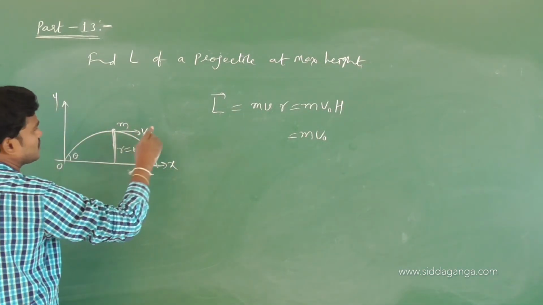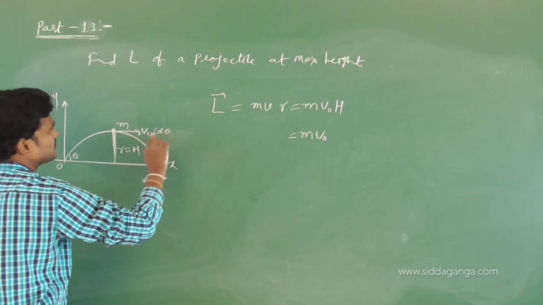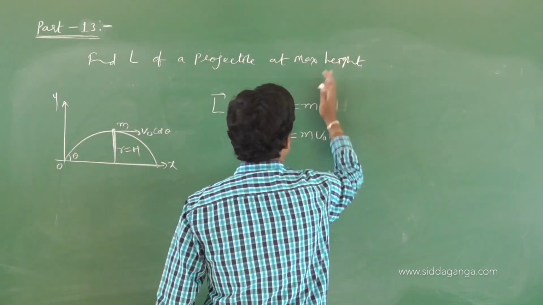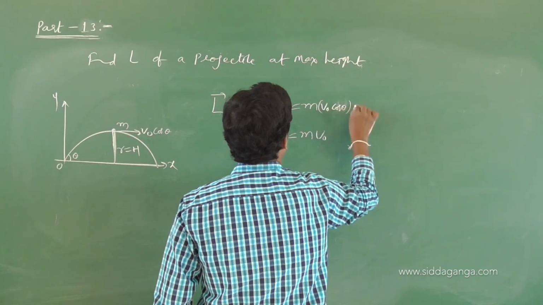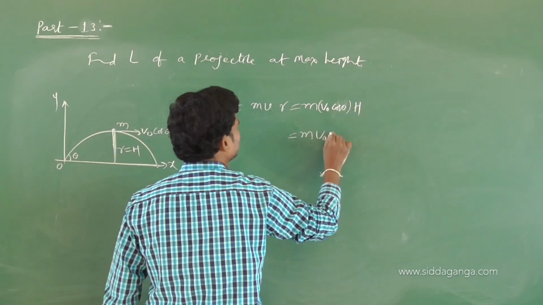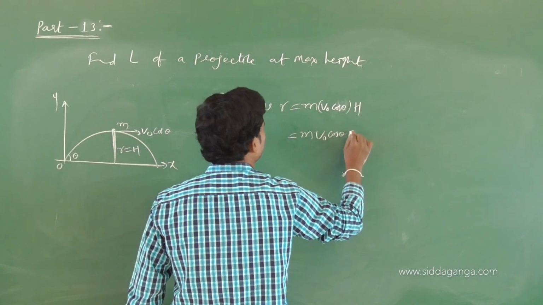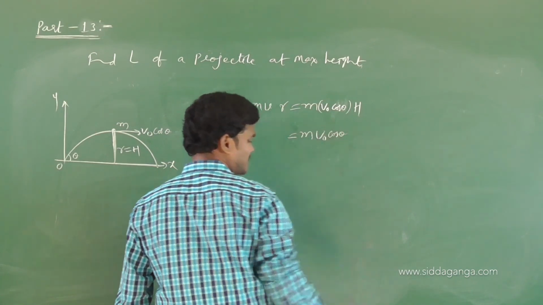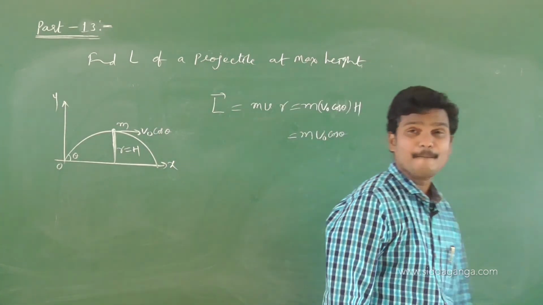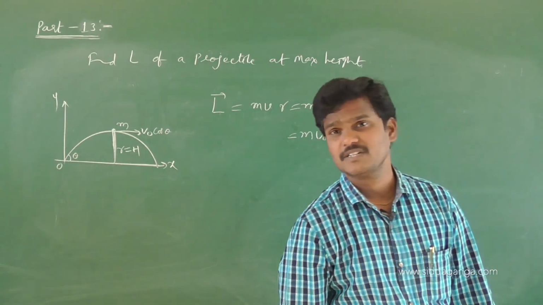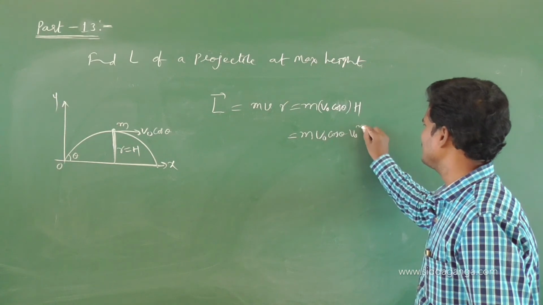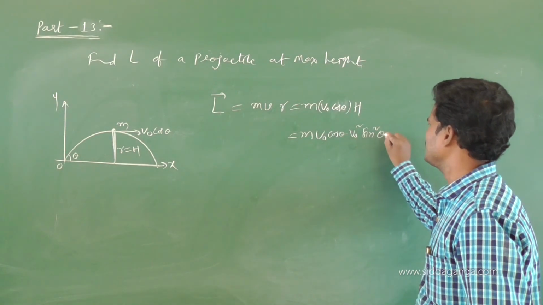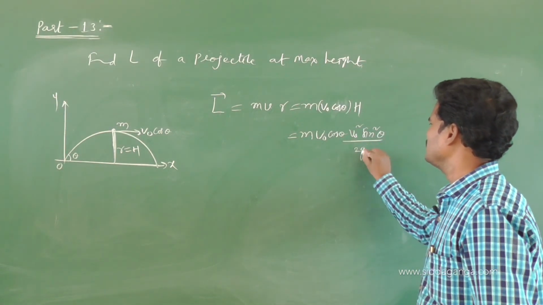V is replaced by v naught cos theta, recall the projectile, and this is h. So v is nothing but v naught cos theta, h is nothing but the maximum height of the projectile, u square sin square theta by 2g, here v naught square sin square theta by 2g.